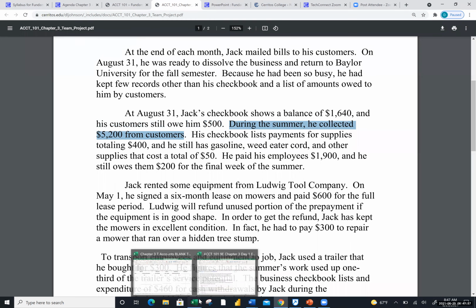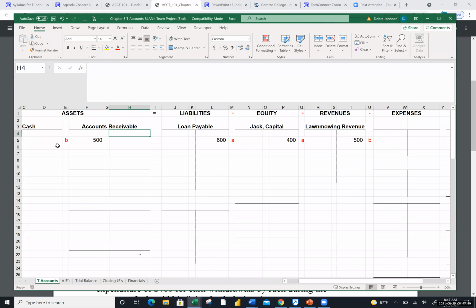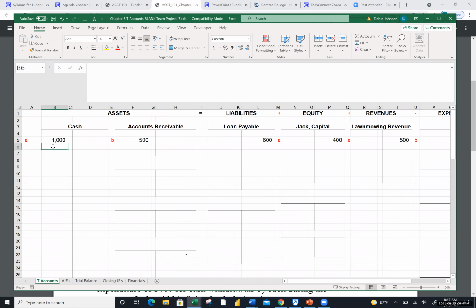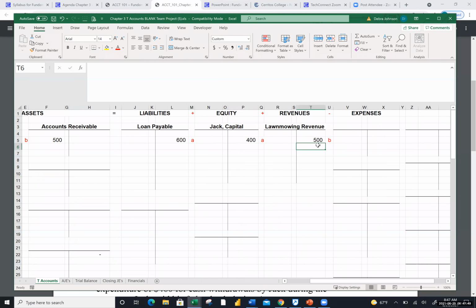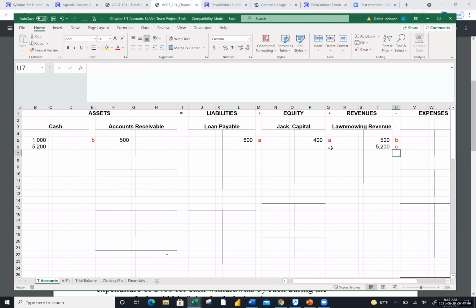Okay, well, when he did that, his cash would have gone up by $5,200 and his revenues would have gone up by $5,200. So no adjustment needed for that as far as like end of the term. That just would have been what he should have done when he mowed the lawns and created the cash on the spot. So that's what I expect you guys to do.